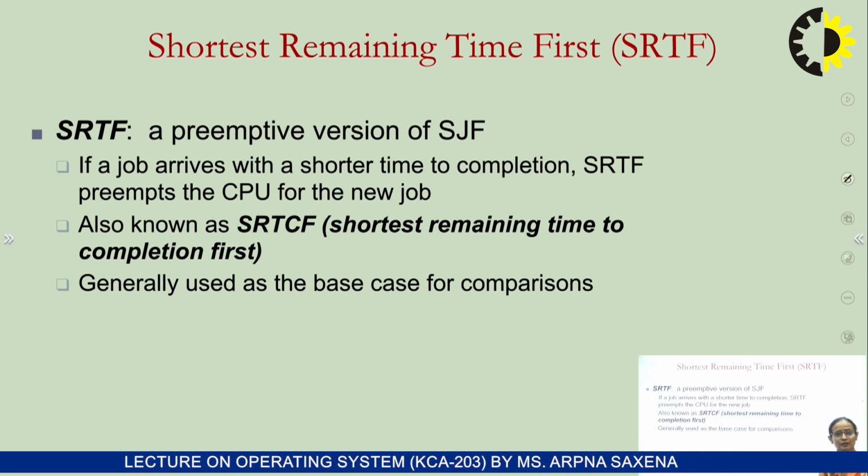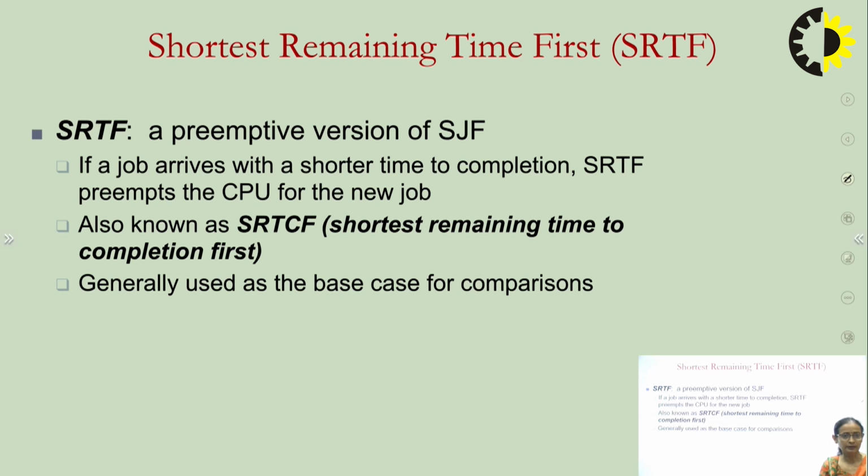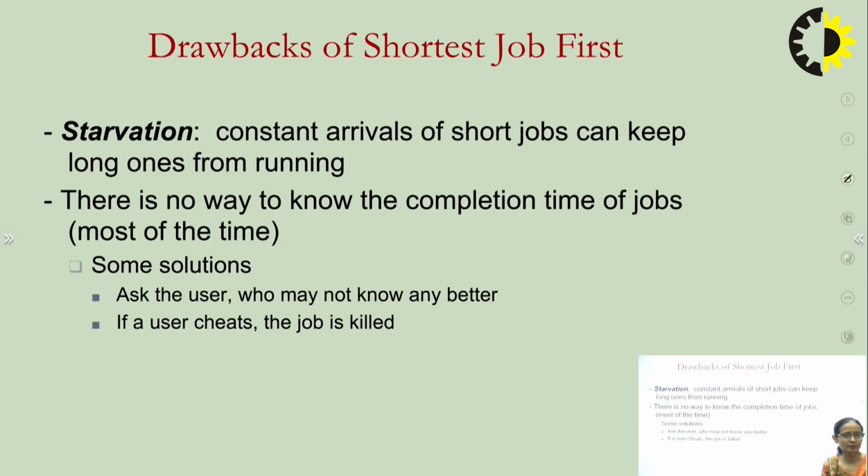Because it is very difficult to know in advance how much exact time is needed by the process to finish, that is, the CPU burst time. That is very difficult to calculate in advance when the process starts to execute. So due to this, these algorithms are basically used for comparison purposes.